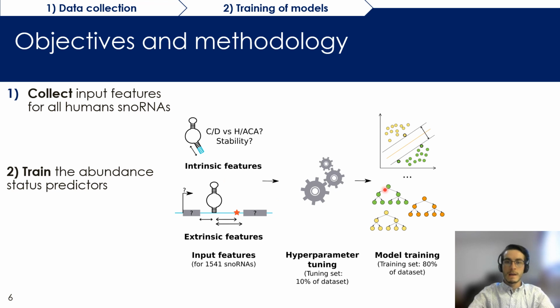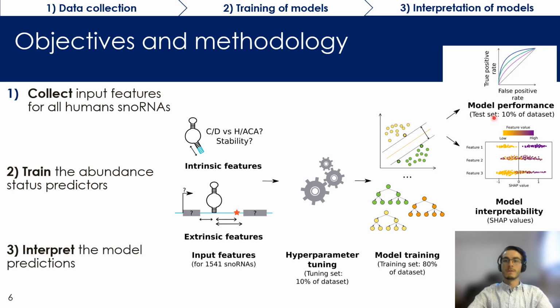And finally, I tested the performance of these models on an independent test set composed of 10% of snoRNAs. And if these models performed well, then I could interpret their decisions using SHAP values to give us insights about the main abundance determinants in human.